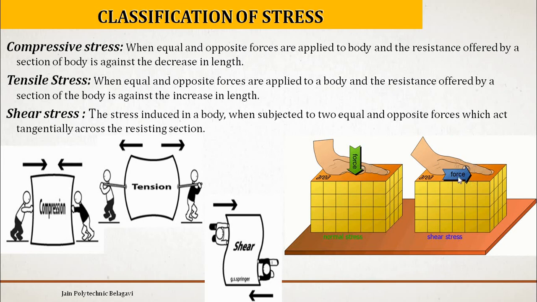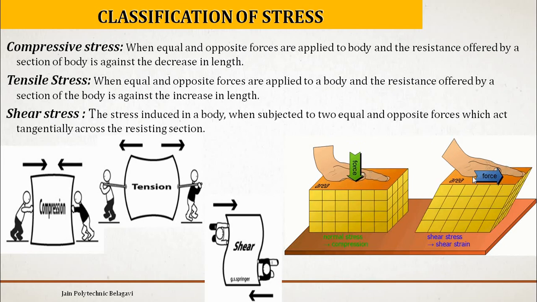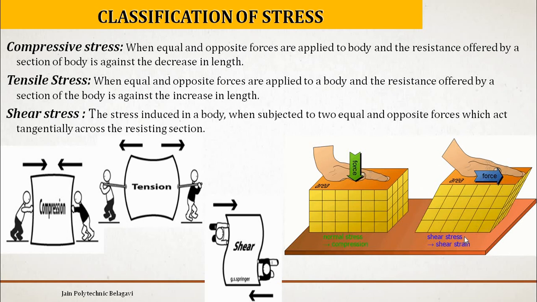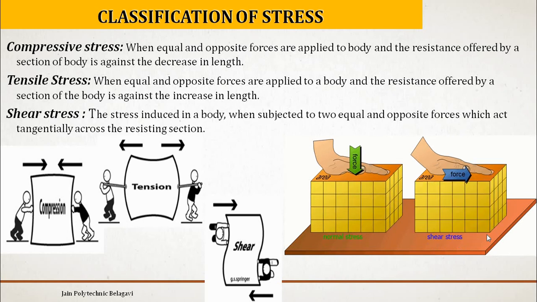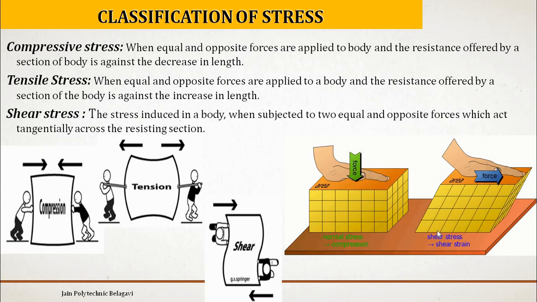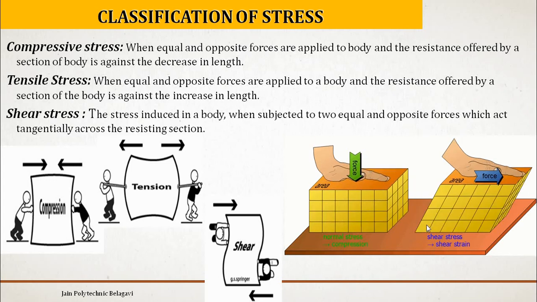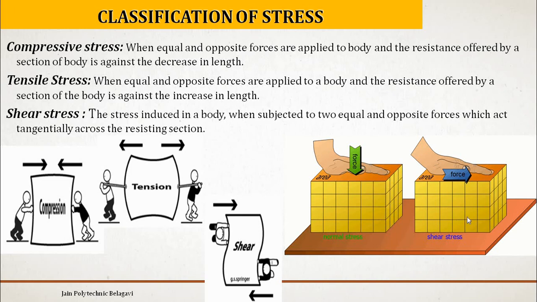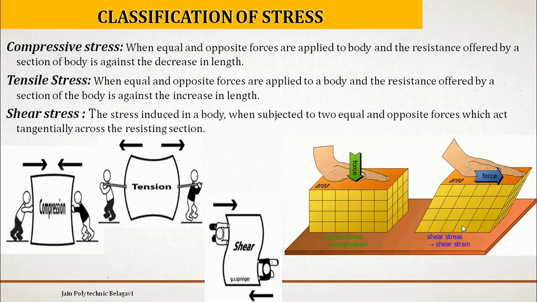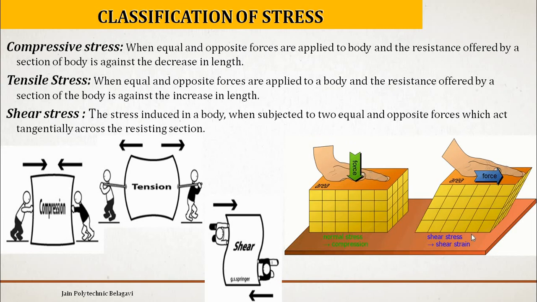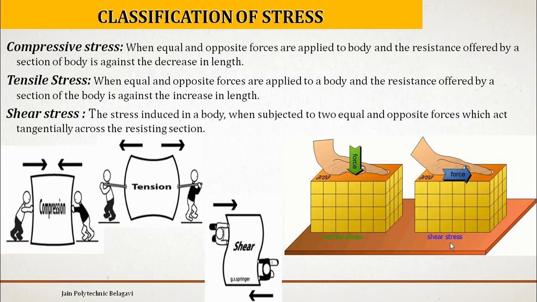The load is applied tangentially on this box. That tangential force is going to develop a resistance force in the opposite direction, towards the left side at the base. It is going to develop the shear between the box and the base. That particular stress is said to be shear stress.